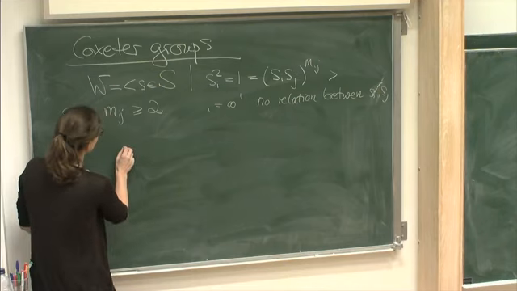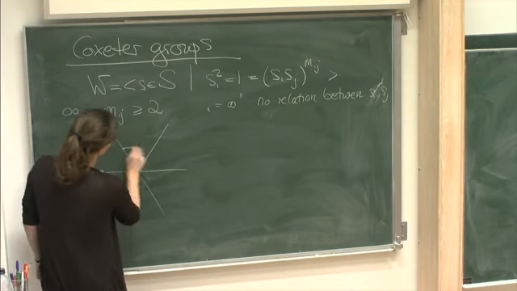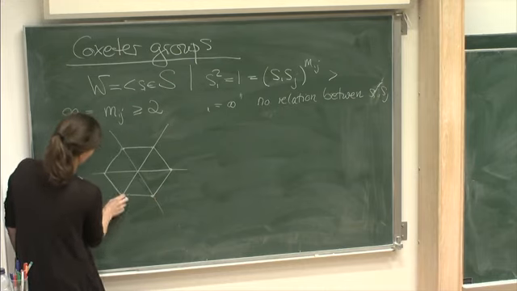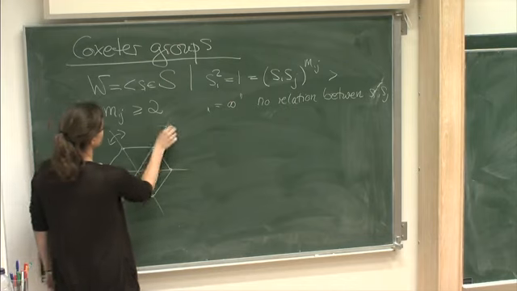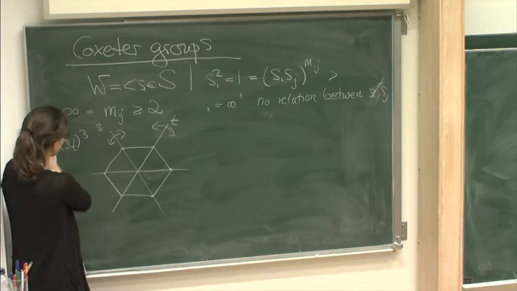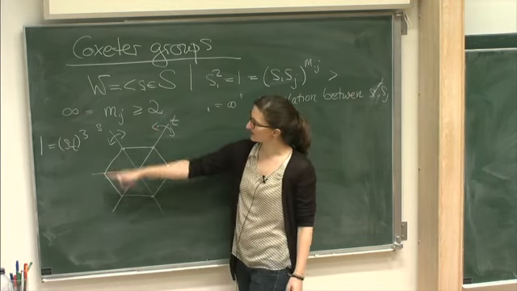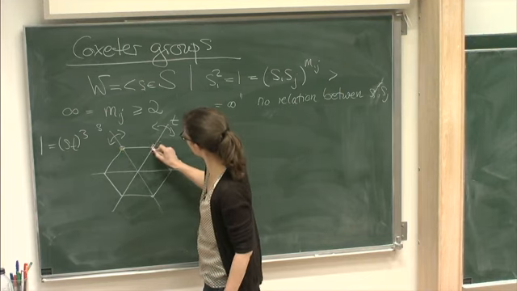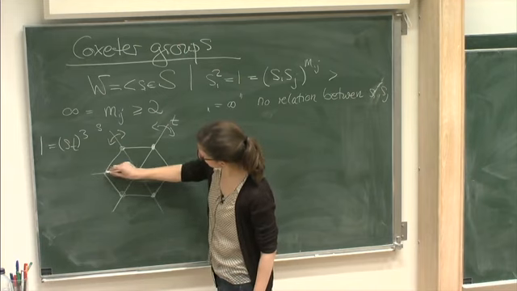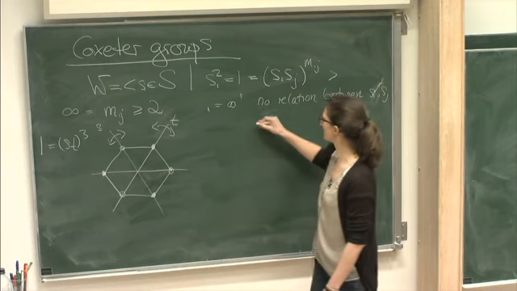The first example is a spherical one, generated by 2 reflections, S and T, where the order of their product is 3. What you get here is a group acting on the one sphere, and you have 2 orbits of vertices. So you get this hexagon whose vertices are separated into 2 classes.